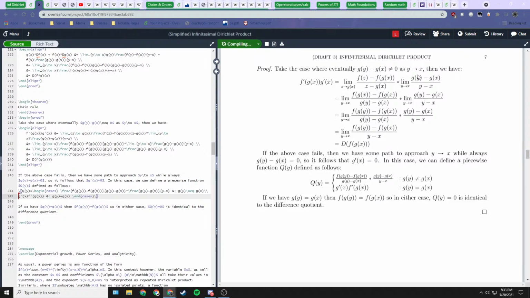Okay, so in this case, if we have g of y equals g of x, then this minus that is 0. So in both cases the difference quotient is 0.